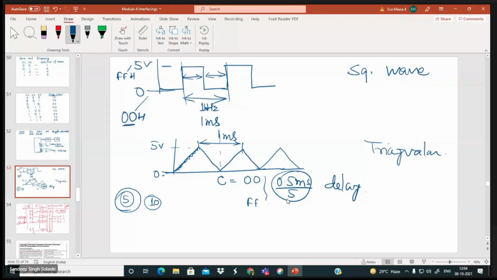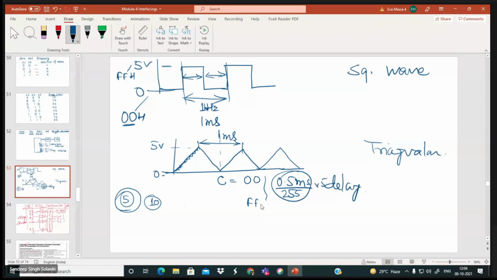If you say 1, then, sorry, one mistake I'm doing here. I will not write 5 here because 0.5 needs to be between 0 to this much. So 255. So it is 255 into 5.